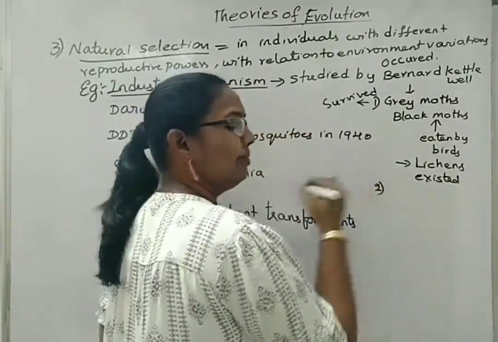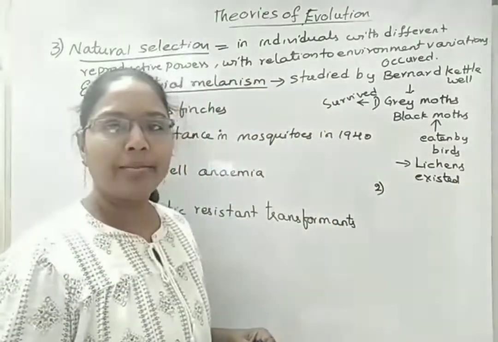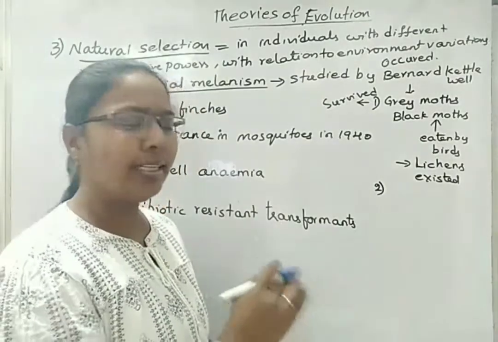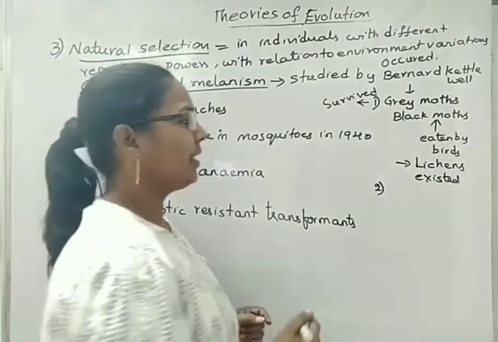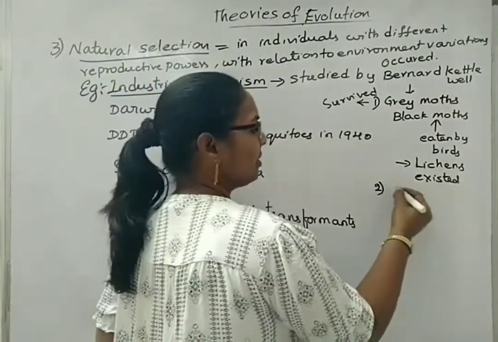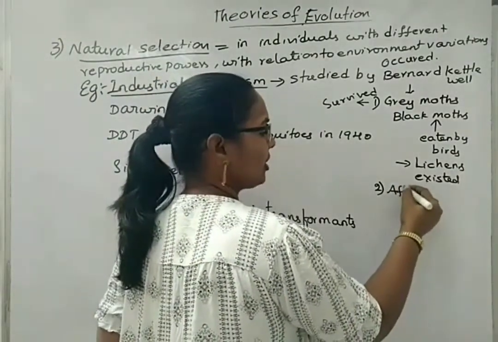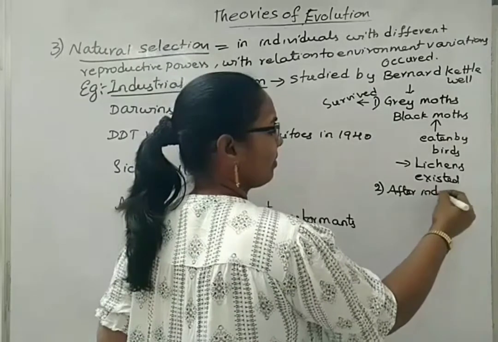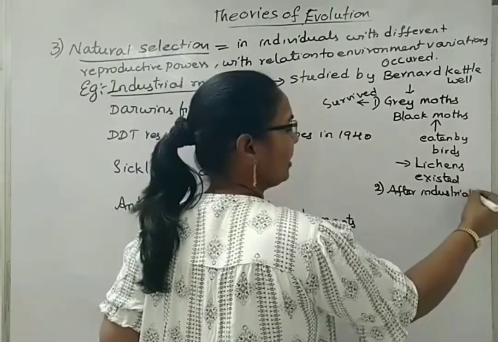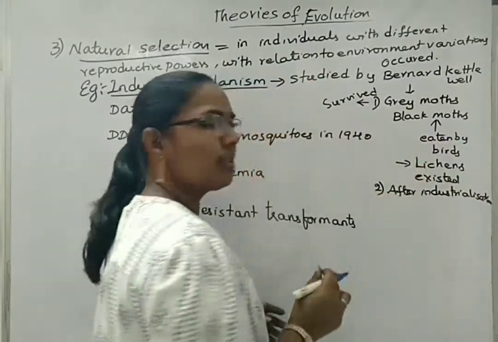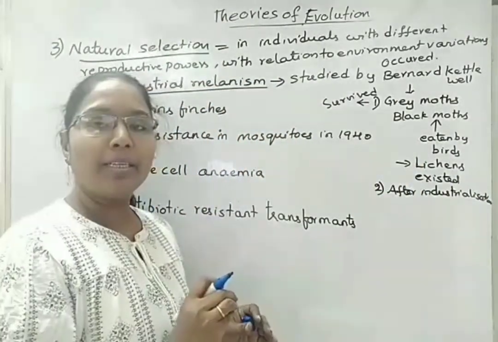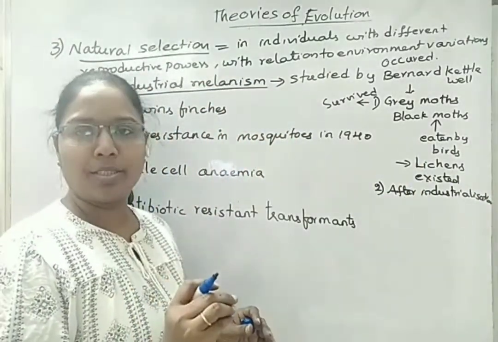Second condition, industrialization has happened. This total industrialization happened in the Birmingham area of England. So after industrialization, some of the grey moths have been converted into black color moths.